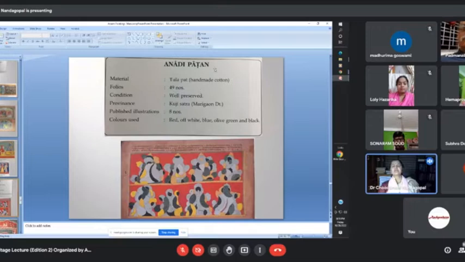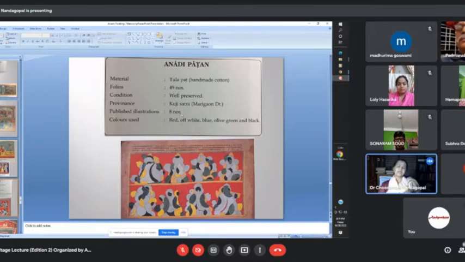manuscript. So this is what I was telling, Anadipatan. This is painted on handmade cotton, which is known as Tulapat. It is also 49 in number. It is very well preserved, the best preserved in condition. And this is taken from Fuji Satra.